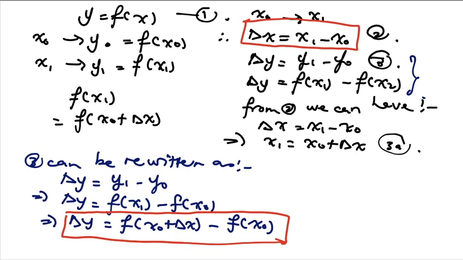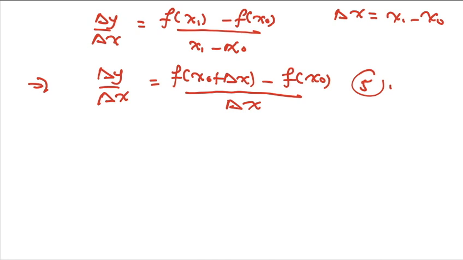The number is a bit different, but anyway, the sequence of the process is the same. But anyway, how do you call expression 5 here? This is what we call the difference quotient.